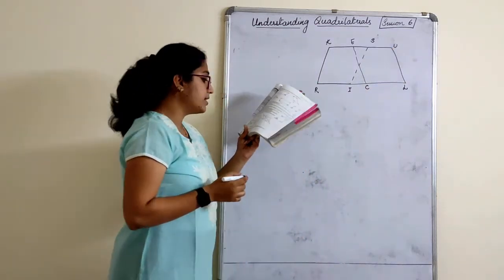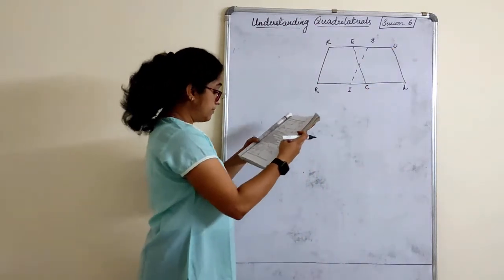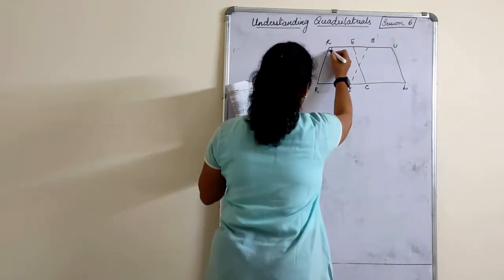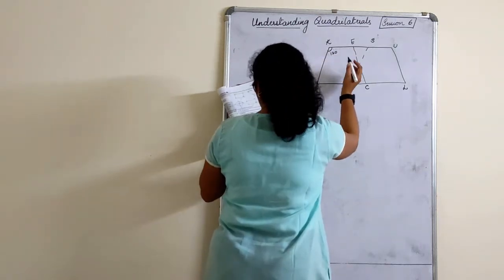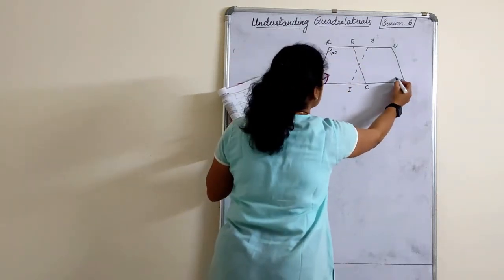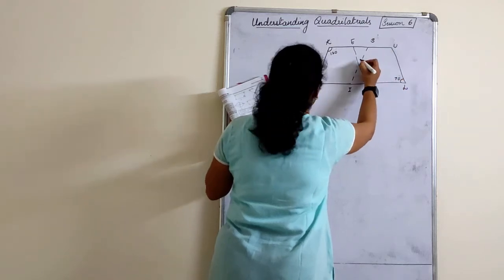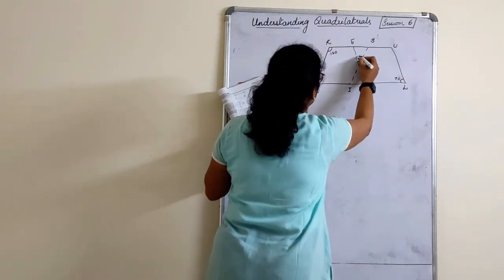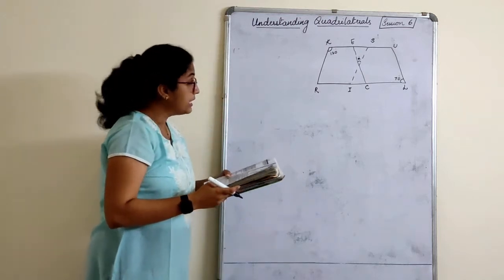So RISK and CLUE are the two parallelograms. Let's mark the angles given: 120, 70, and this is x. So we need to find angle x.